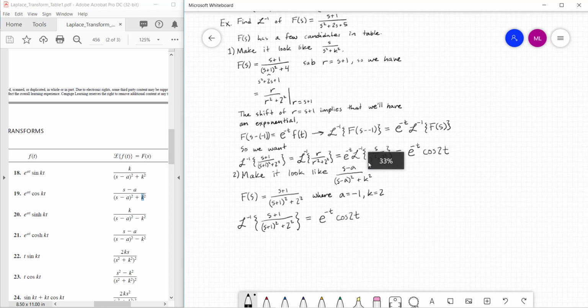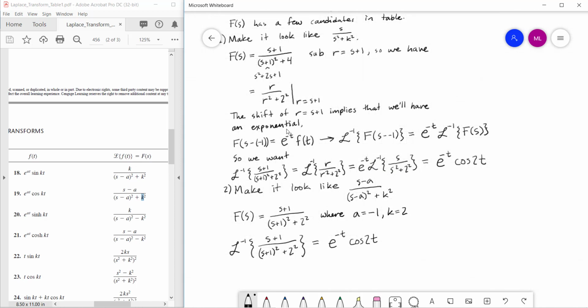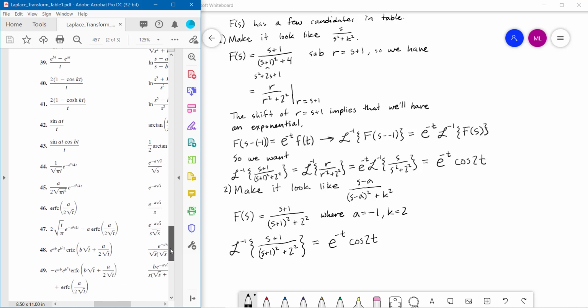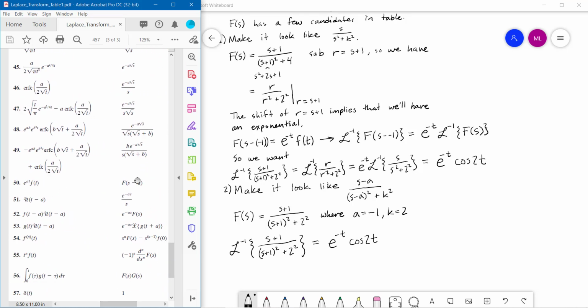You can kind of make these things harder than they need to be. The only reason that I did it the hard way first is it's actually how this formula is derived. This formula right here comes from using this idea of a shift that we had derived in our transforms yesterday.